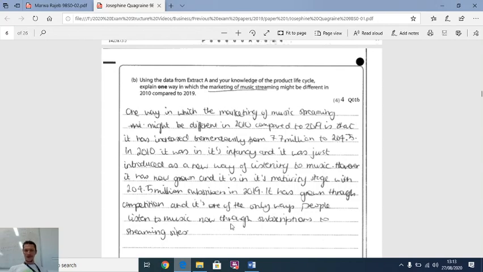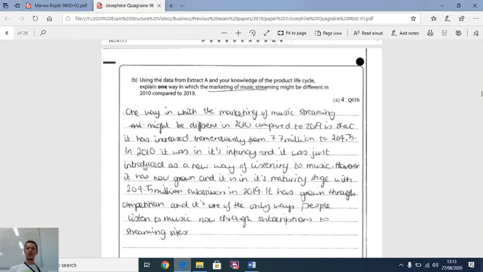Now, this is an interesting one. There's something that I'm not seeing, even though they've given 4 out of 4. She's got data, so that's one bit, 7.7 million, 204.5 million. That's come from the case study. Okay, I see what she's done there. She's then spoken about the idea of competition from the case study, linked it back through subscriptions, and she's gaining knowledge by talking about the maturity stage and the introductory stage of the product life cycle.